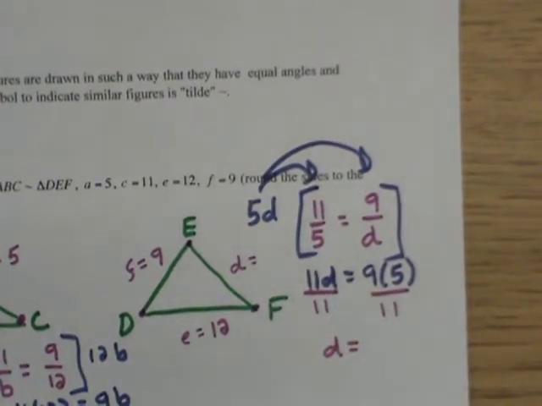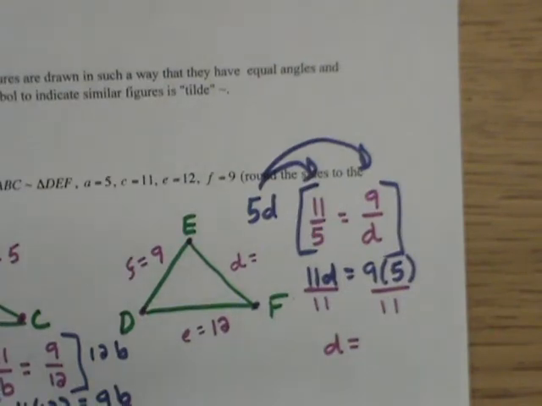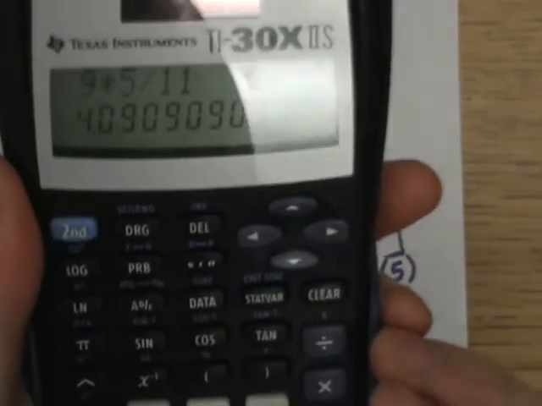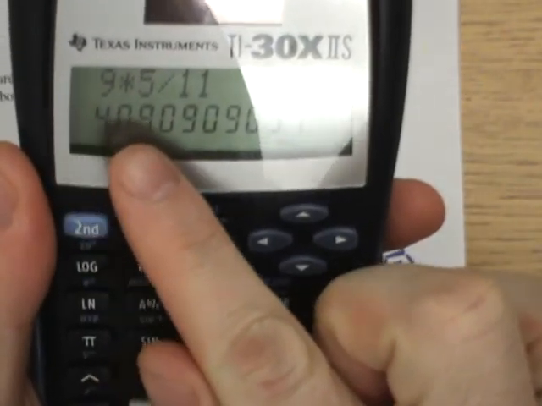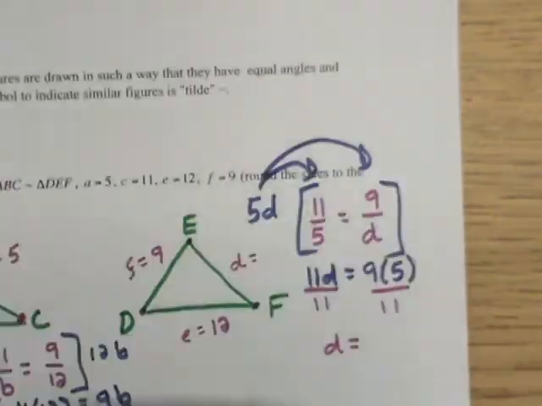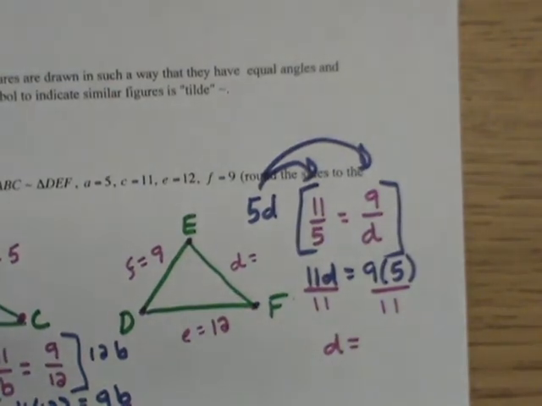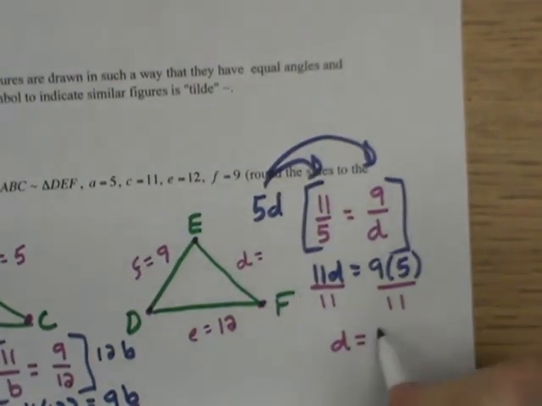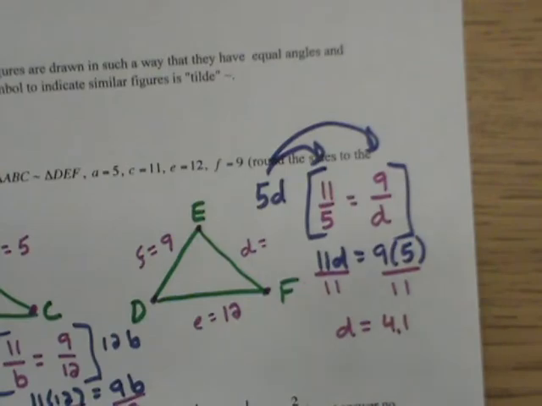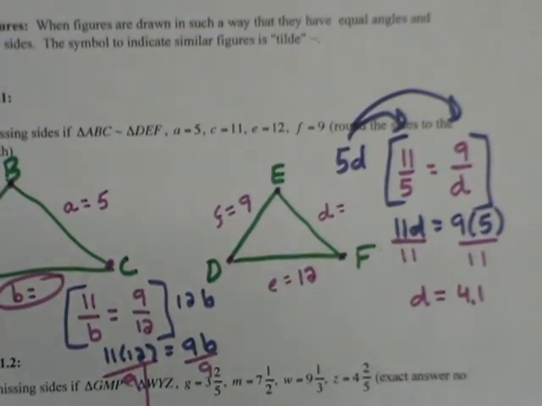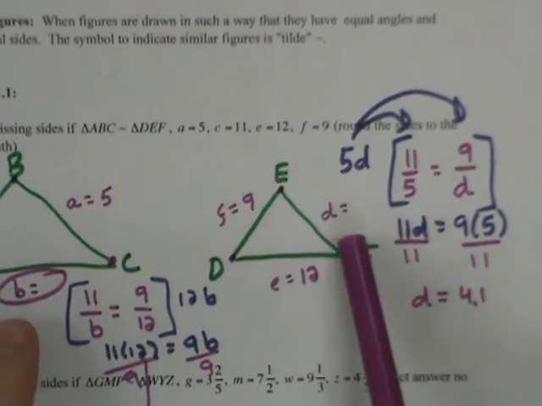And so I type that into my calculator: 9 times 5 divided by 11. Again, I was supposed to round my answer to the nearest tenth, so this says 4.09, which to the nearest tenth I would say is 4.1. And as simple as that, I've solved similar triangles to find missing sides.